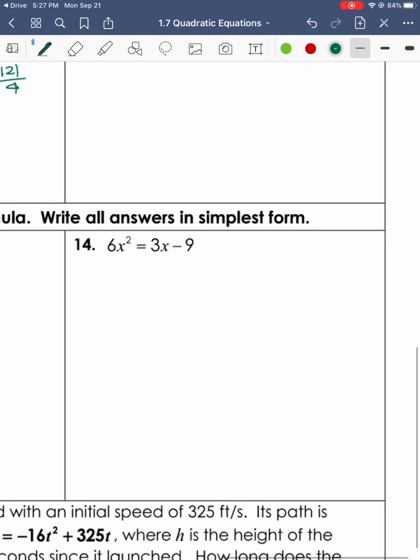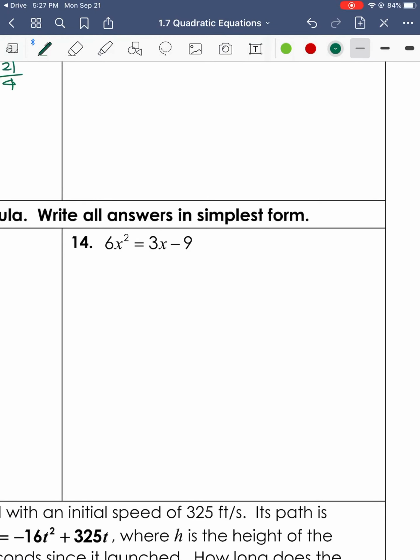I will do this other example for you. So we're going to write this in standard form: 6x squared minus 3x plus 9 is equal to 0. Our a is 6, our b is negative 3, and our c is equal to 9.